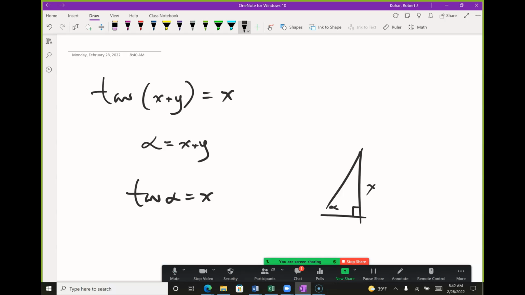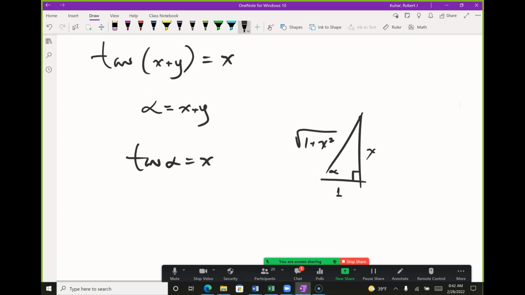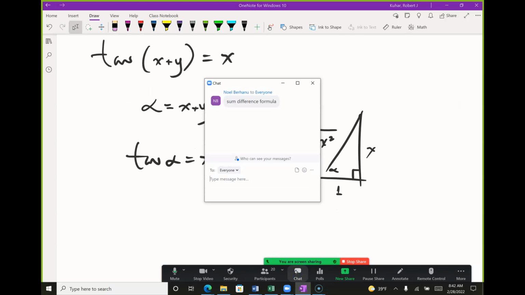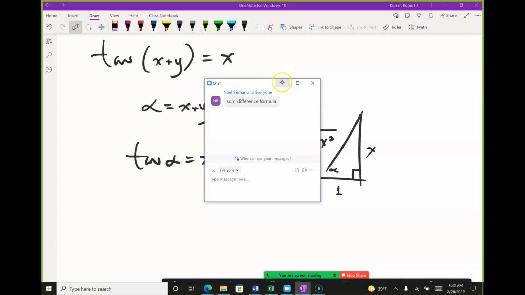Yes, x over 1, right? Because x over 1 is x, correct? Now by Pythagorean theorem, I get the last side of the square root of 1 plus x squared. Pythagorean theorem for the hypotenuse. Exactly, a squared plus b squared.